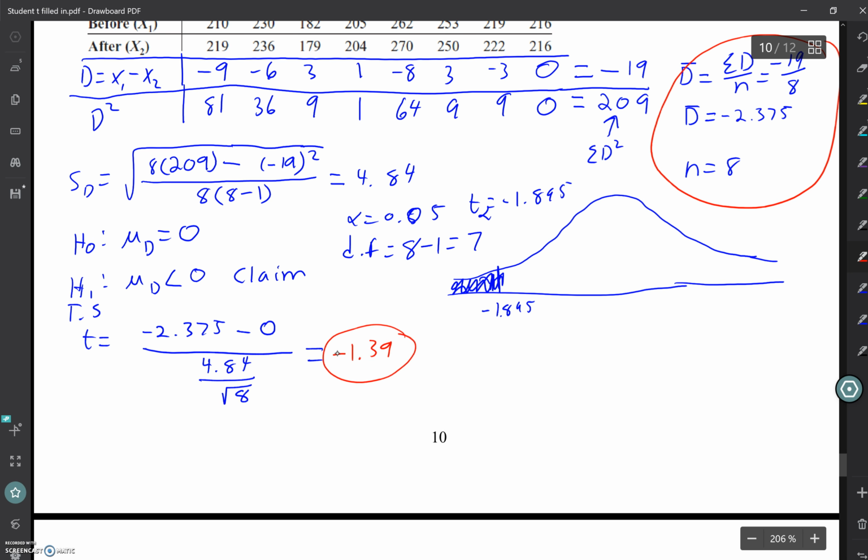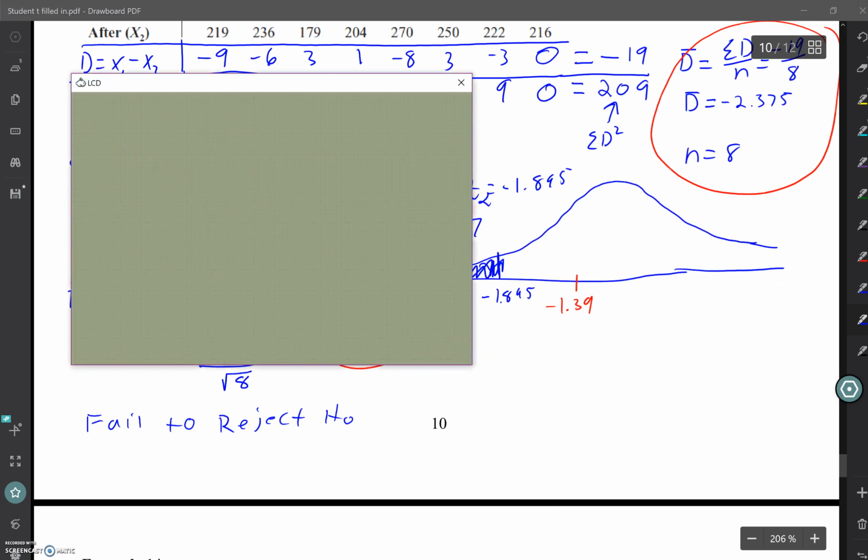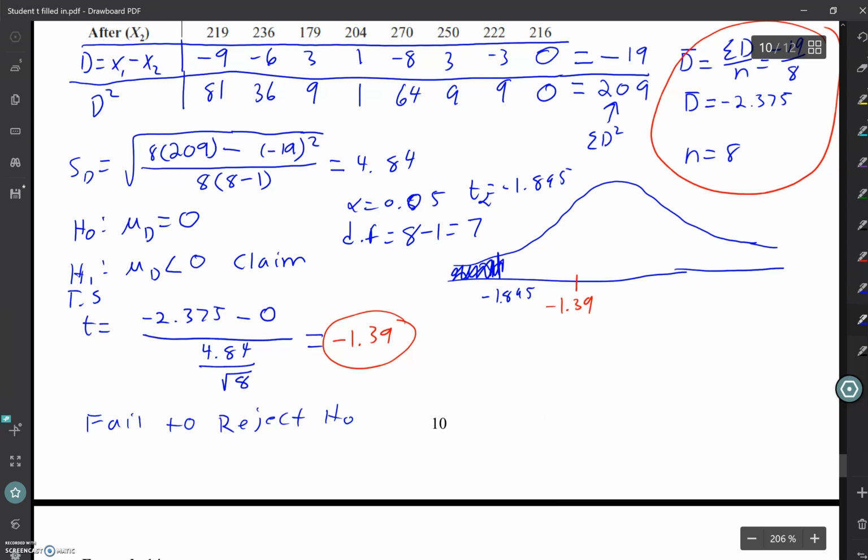So if that's my test statistic, it is in here. And what would we say about this study? Fail to reject. So I'm rejecting or failing to reject the null, which means I did not get to the point where I would accept the alternative.